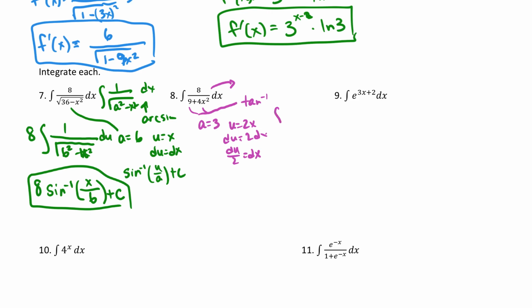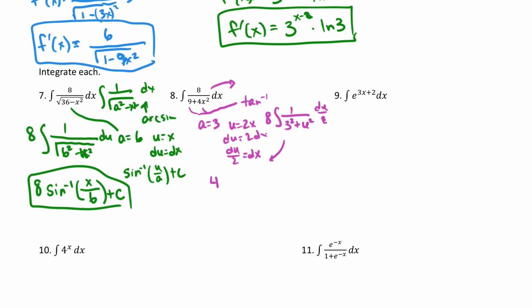So now I end up with the integral of, we'll keep the 8 on the outside over here, 1 over 3 squared plus u squared, and this will be du over 2. So bringing this out, I'll end up with 4. I'm going to finish it down here. Because the 2, I'm bringing it out, 8 divided by 2, and then this is the formula for the arc tangent.